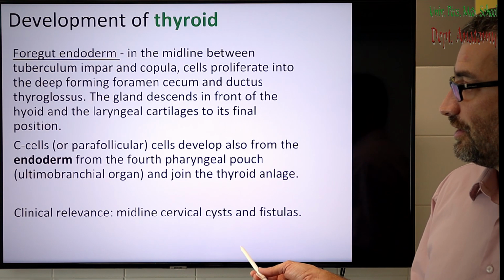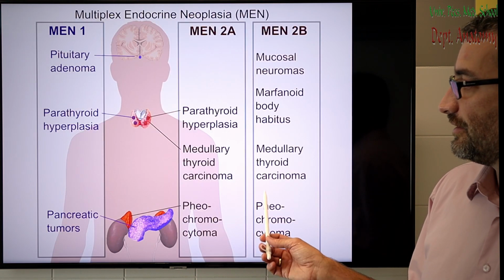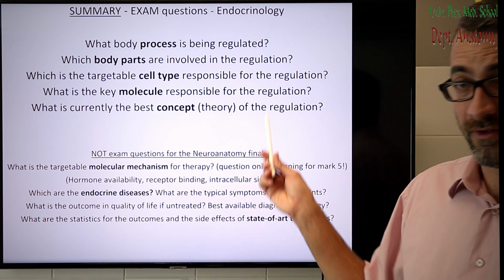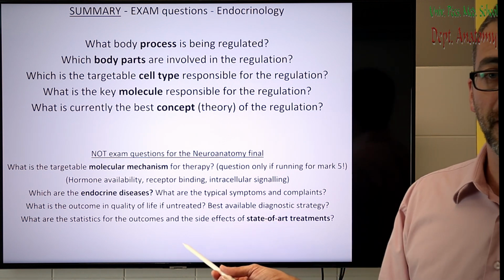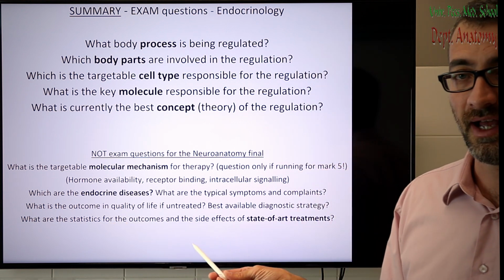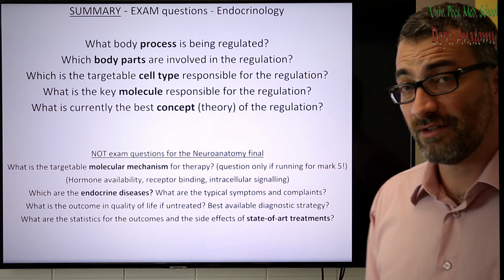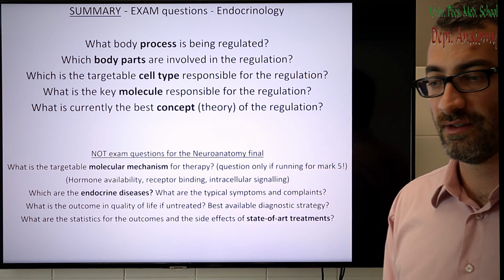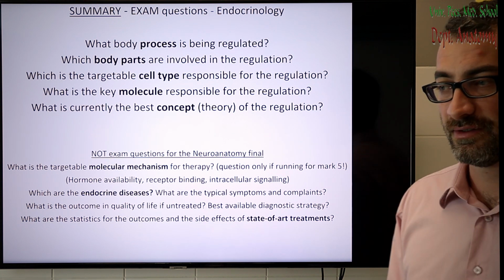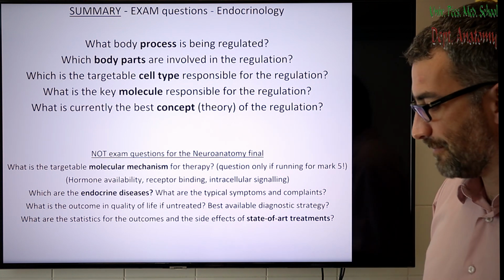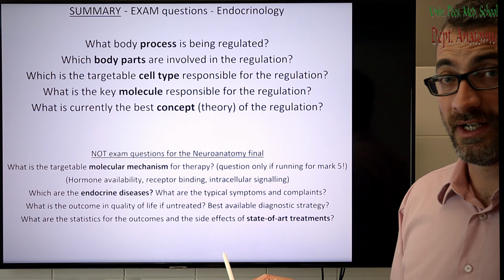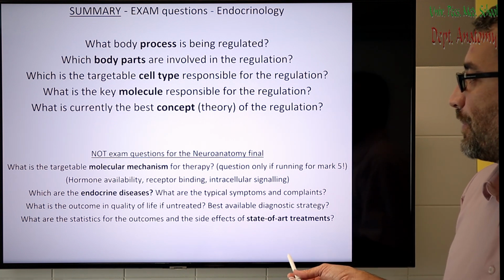And at the end of the lecture material, you can also find some slides about the exam questions we ask during the exams when you get histo slides of endocrine organs. There is a relatively high chance to get an endocrine organ as a histo slide during the final exam, as we have many of these organs and many slides of them. So have a look at these questions. These are the key questions we ask in the exam.